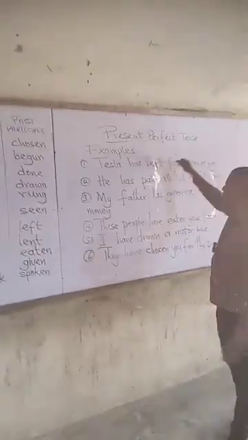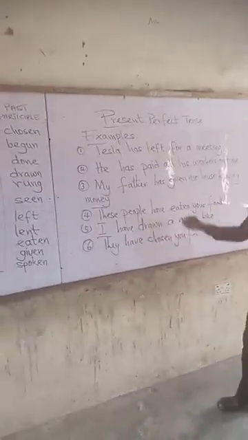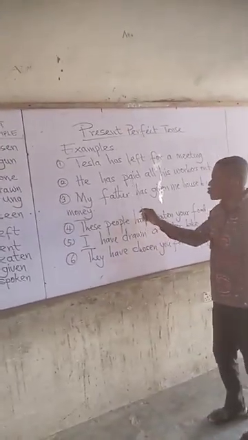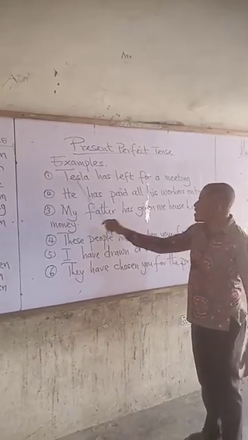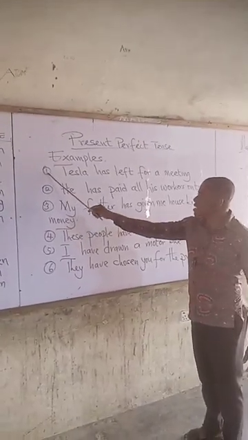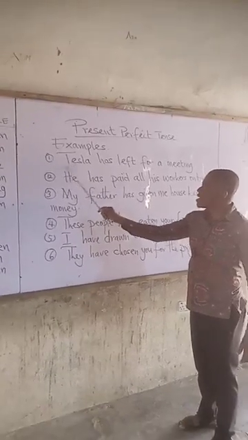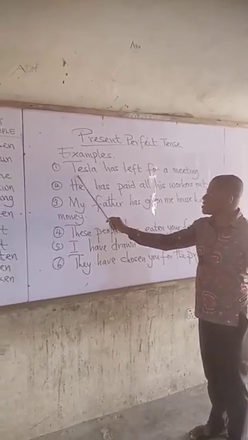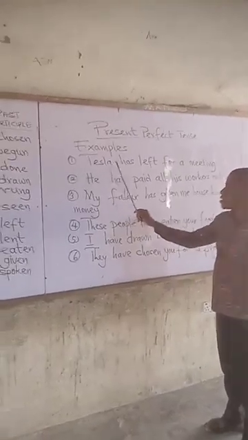Now, let us analyze the sentences on the board. Having explained to you when you are going to use has, you realize that in the first sentence, the subject is singular, which is Tesla.